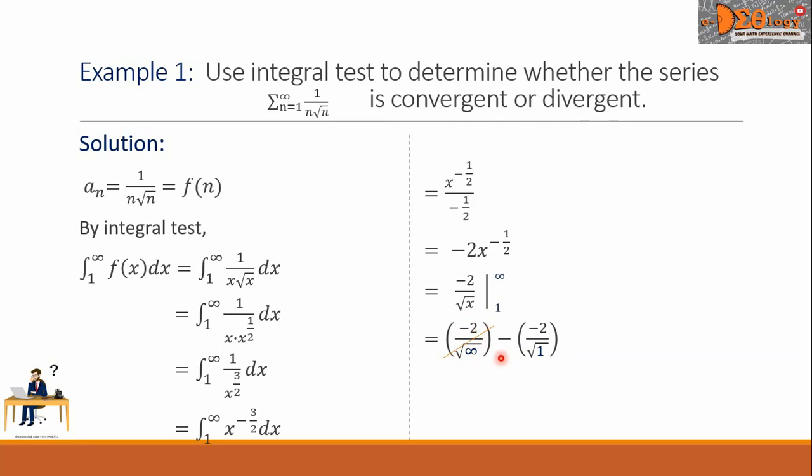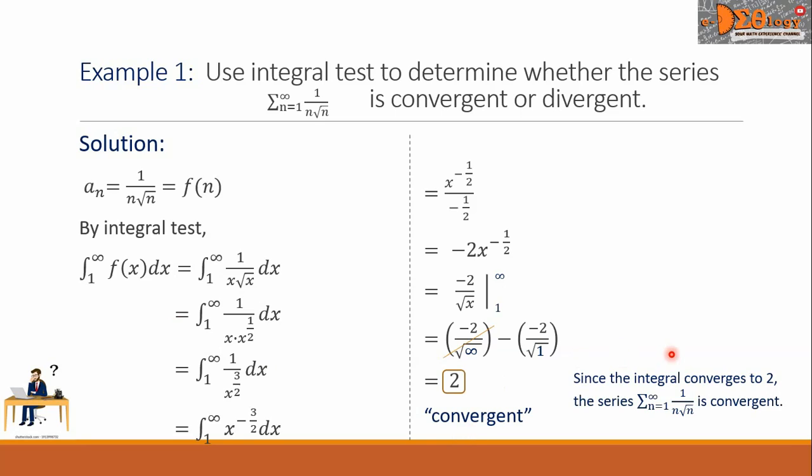And then the negative of negative 2 all over square root of 1 is now equal to positive 2. Since the integral comes to a value 2, we say that this integral is convergent. Now, since the integral converges to 2, the series given here is also convergent.